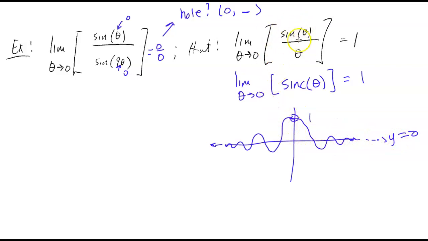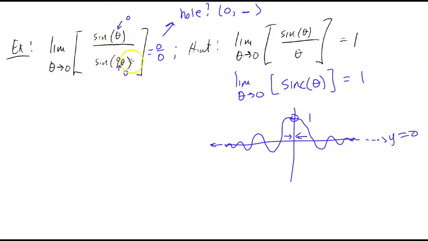Okay. And what we're saying is that the behavior of this function as we approach 0 from both the left and the right will approach a value of 1. Okay. So we're using this fact here to be able to figure out what the limit of this particular function is. Okay.